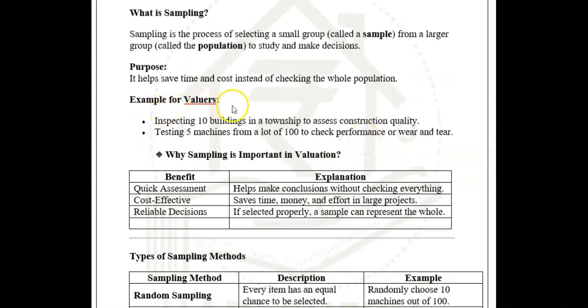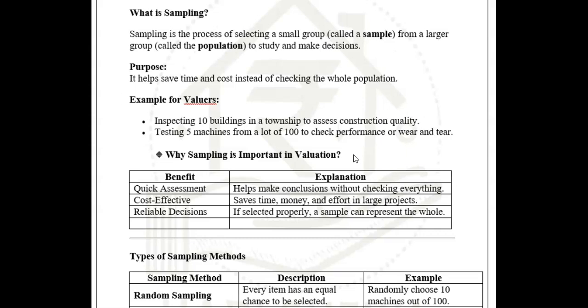Example for valuer: inspecting 10 buildings in a township to assess construction quality, or testing 5 machines from a lot of 100 to check performance of wear and tear. Say in a township there are more than 100 buildings.